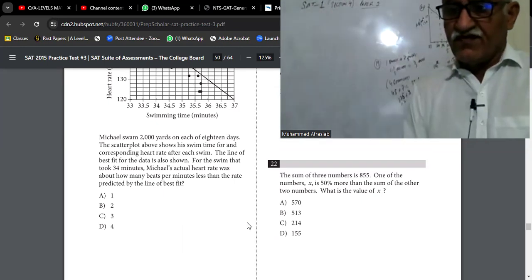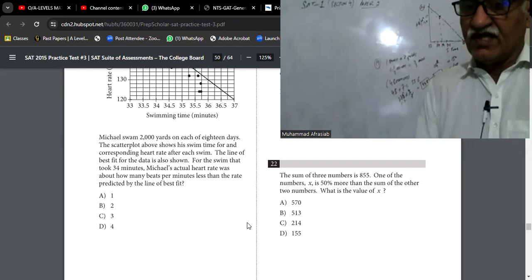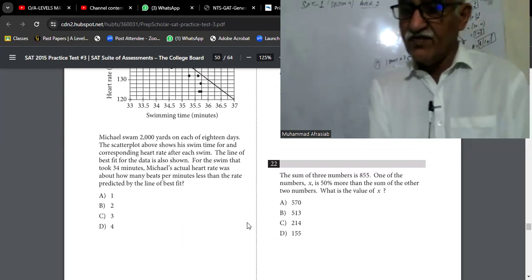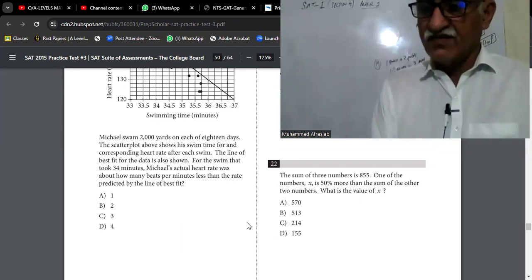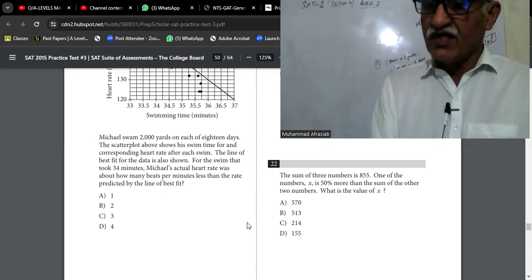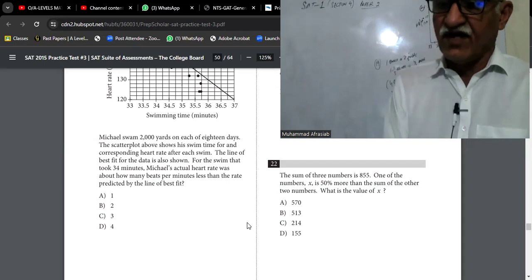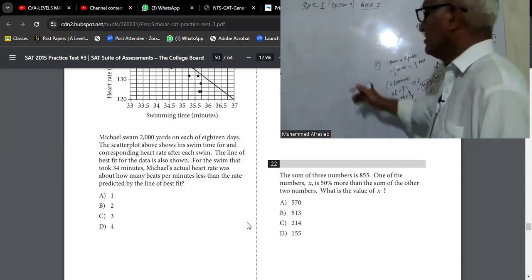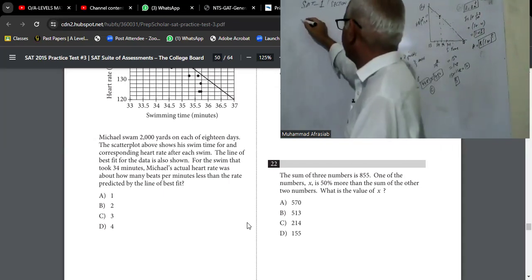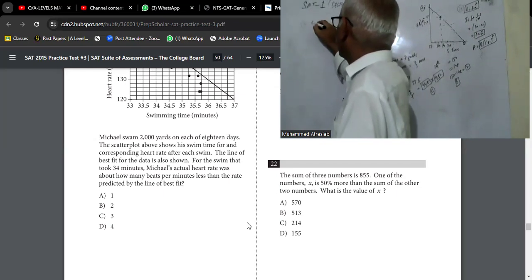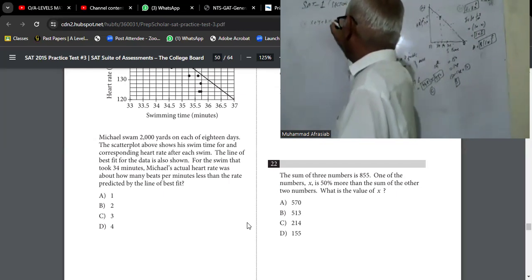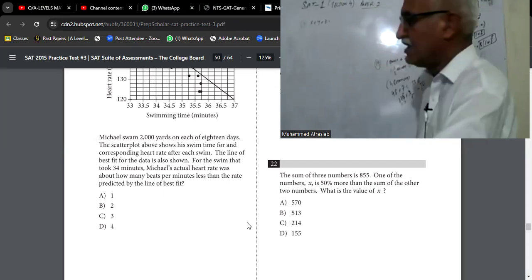The sum of 3 numbers is 855. One of the numbers, x, is 50% more than the sum of the other 2 numbers. What is the value of x? It is question 22. Let's say the 3 numbers are x, y, and z, and that is equal to 855.